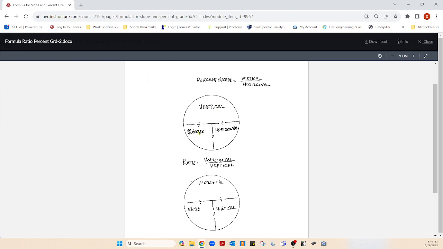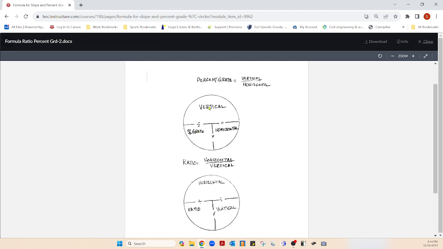And remember, dealing with percent, you got to change it to a decimal to be able to use your calculator. It's just easier. So percent grade, if it's 2%, you use 0.02, or 200ths, as your percent grade.